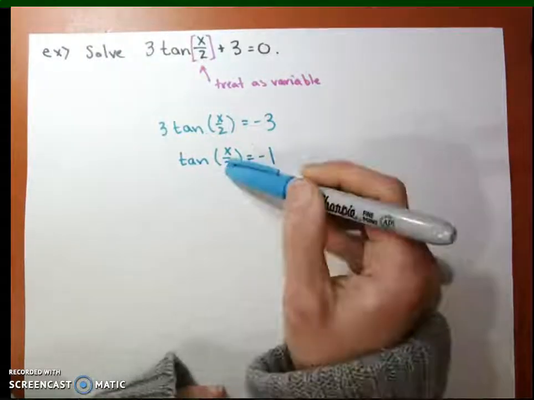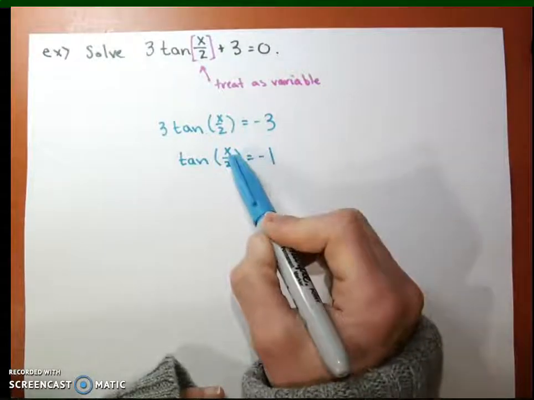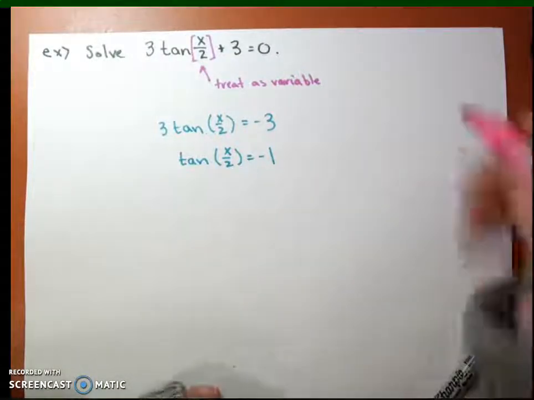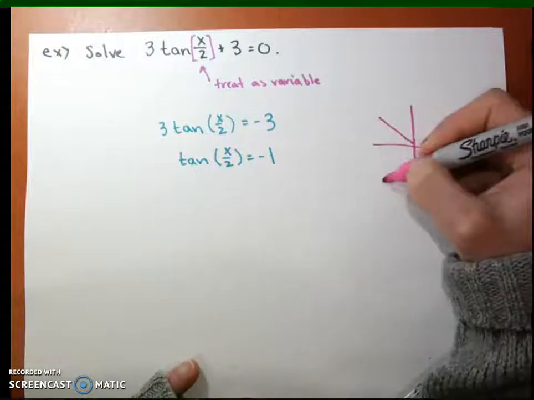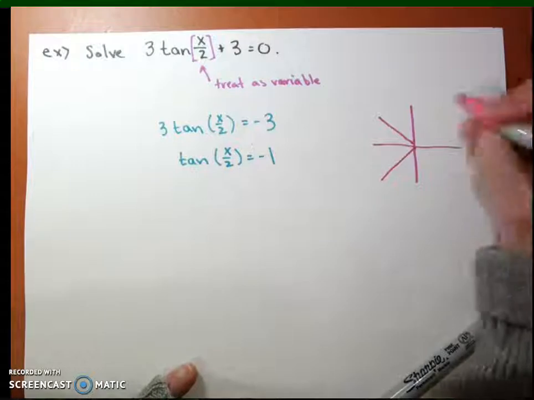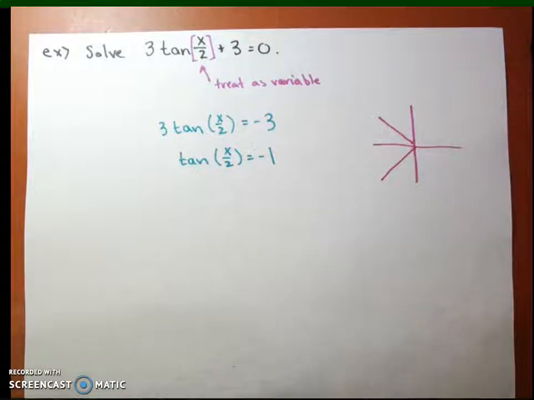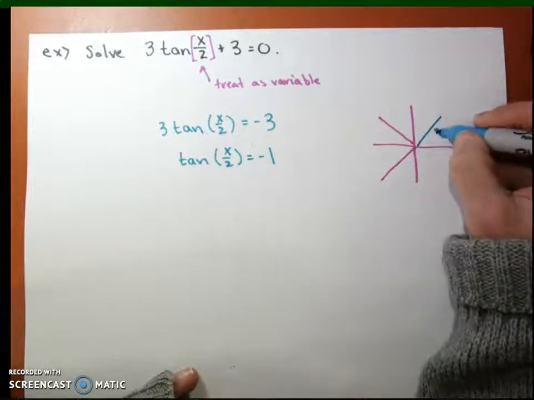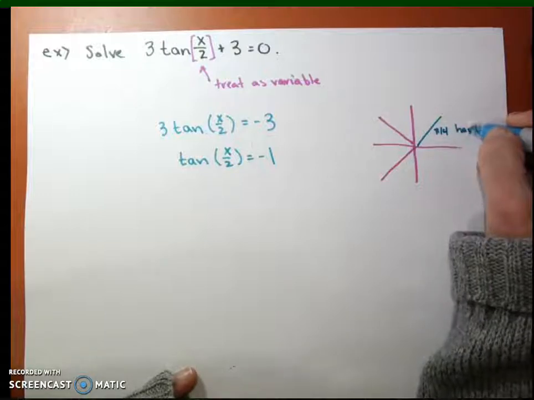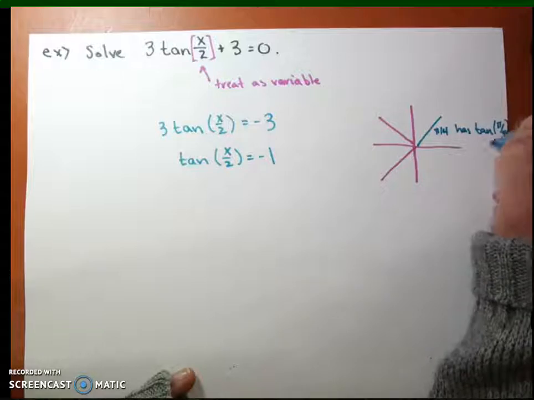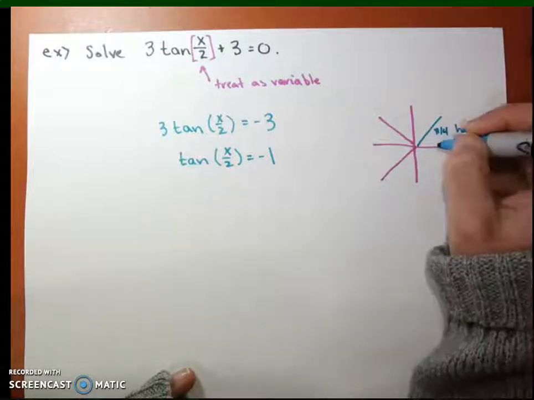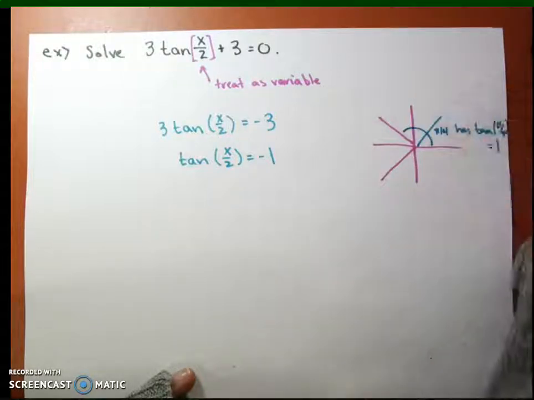So now I'm treating this as my variable. I want to know what angle has tangent equal to -1. So tangent is negative in quadrant 2 and quadrant 3. When we're in quadrant 1, the angle pi over 4 has tan pi over 4 equal to 1. So in order to make it negative, we need to push that into quadrant 2.